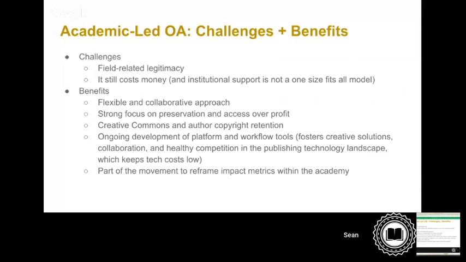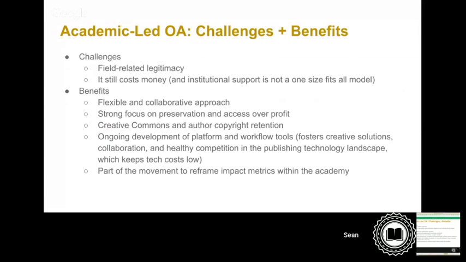However, there are a number of benefits, especially from the perspective of a library publisher. We offer a flexible and collaborative approach to journal production and creation. We have a strong focus on preservation and access over profit. We push the use of Creative Commons so that authors can retain copyright. We use ongoing development of platform and workflow tools, both within the library, but also with other outside institutions.